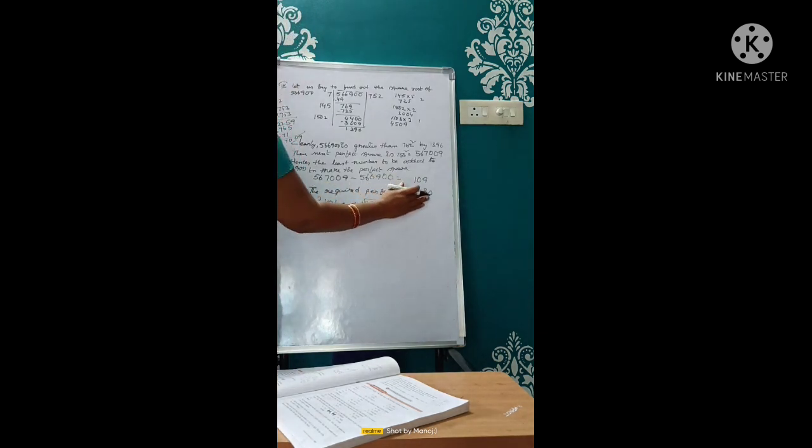Therefore, the required perfect square is 5,67,009 and the square root of 5,67,009 equals 753.